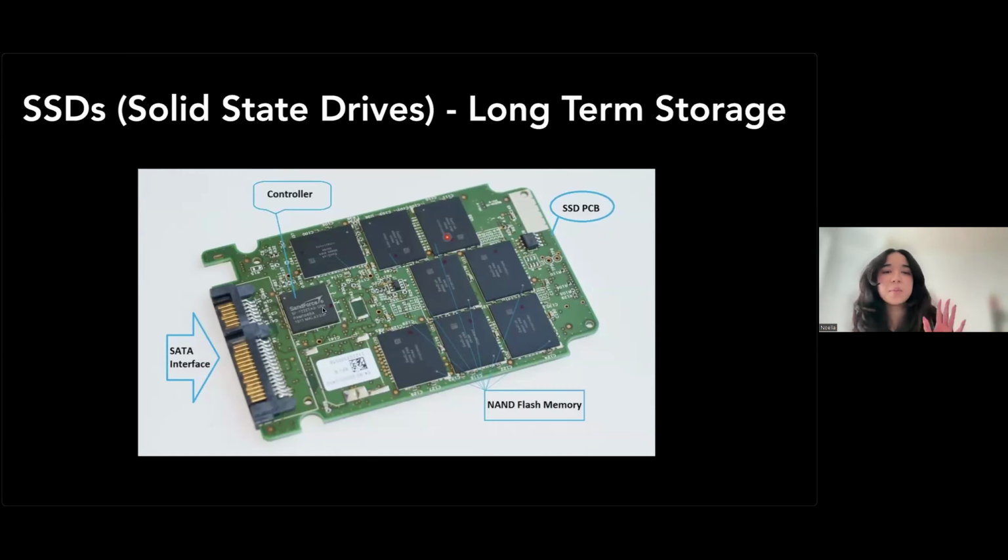But now, most computers, like the one in front of you, is probably going to have an SSD, and they look a little bit like this. So, in your SSDs, you have these components called your NAND flash memory.